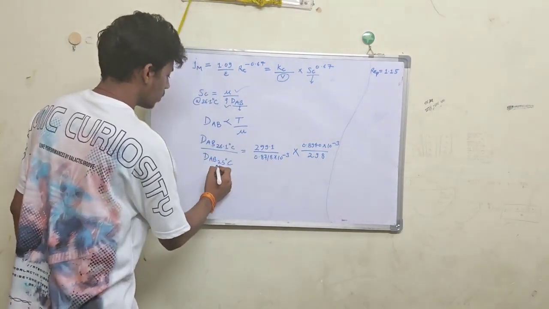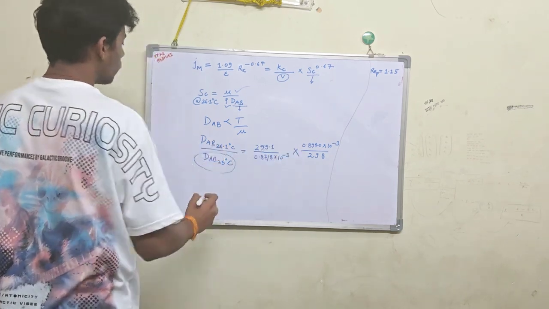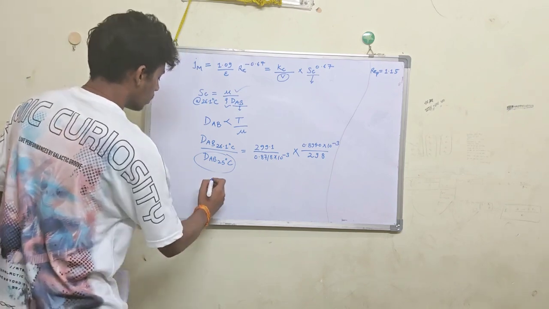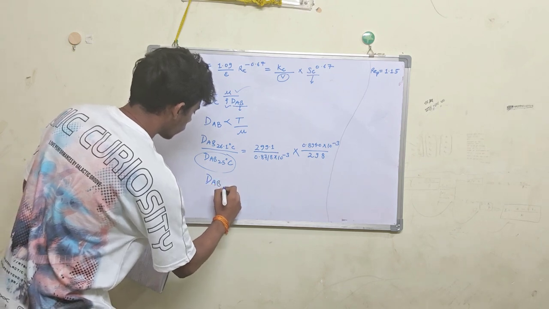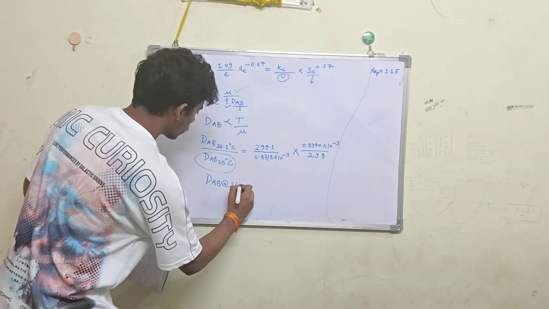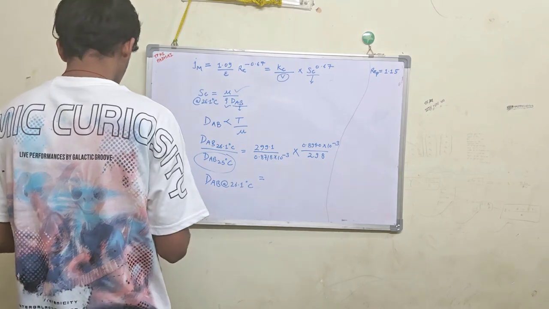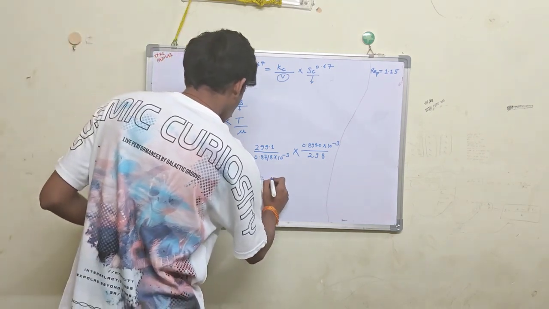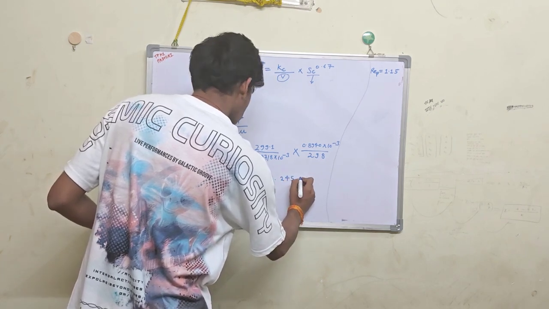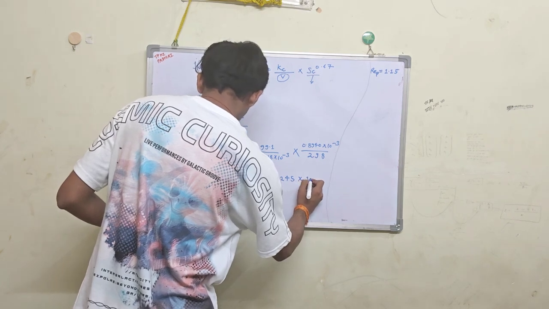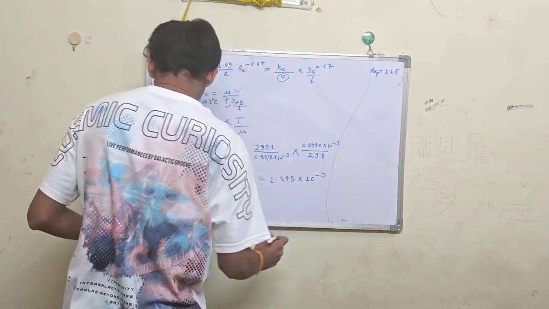This is given in the question. So we will solve for the right hand side and we get the diffusivity value at 26.1 degrees Celsius, which will be 1.245 into 10 to the power minus 9.